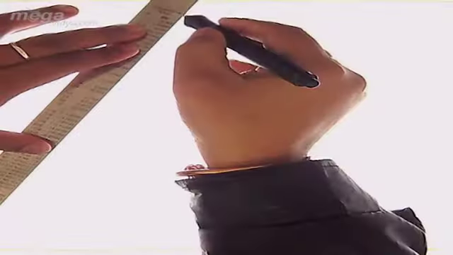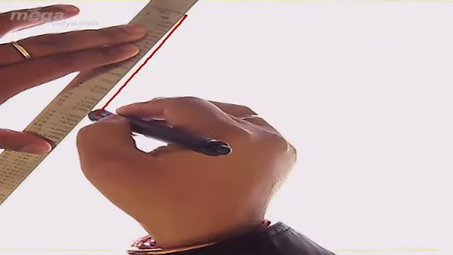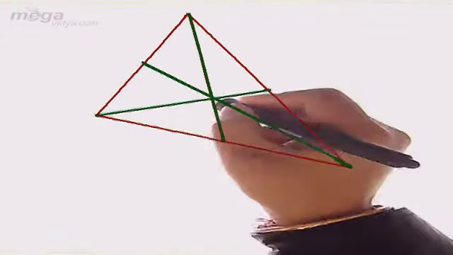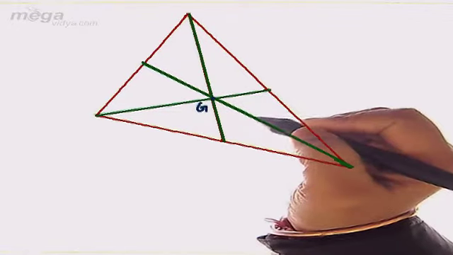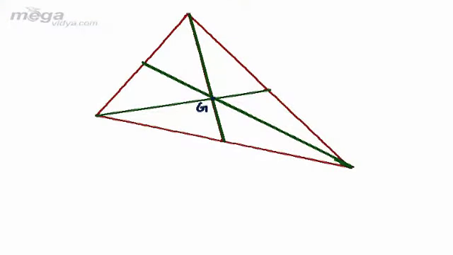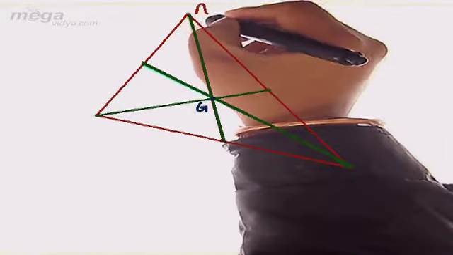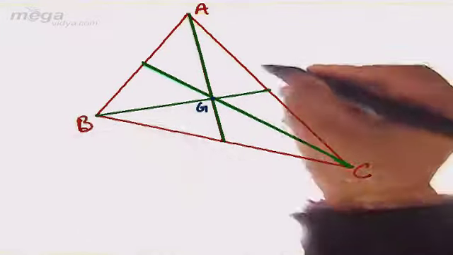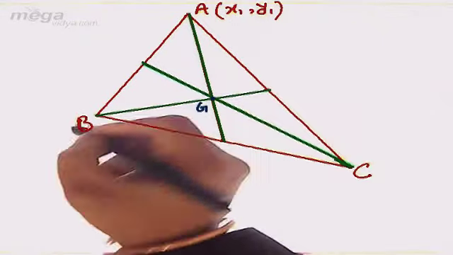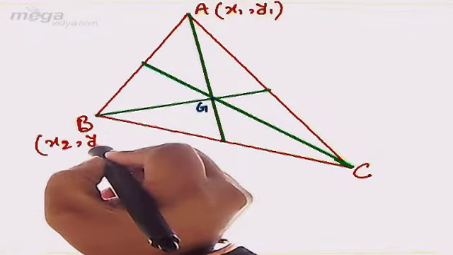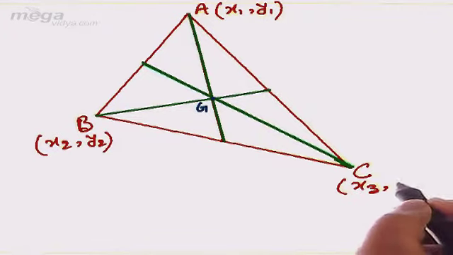Now we will find out coordinate of that centroid. So student, this point is centroid. Suppose the name of this centroid is G, and the three vertices of the triangle are A, B and C, whose coordinates are (x1, y1), (x2, y2) and (x3, y3).